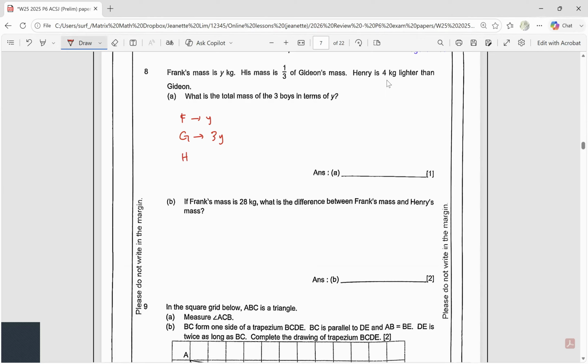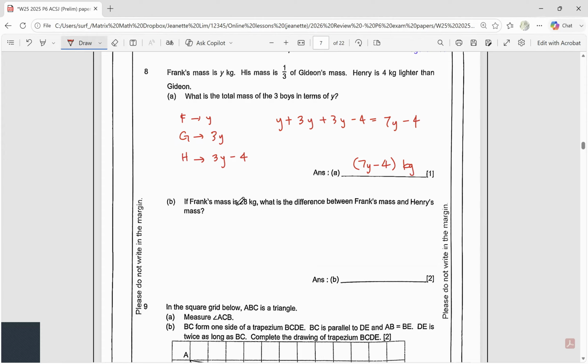How about Henry? Henry is lighter, so minus, so 3Y minus 4. What is the total? Add them up, Y plus 3Y plus 3Y minus 4. So you get 7Y minus 4. Okay, so answer 7Y minus 4. There's units here, so bracket the whole thing, kg.